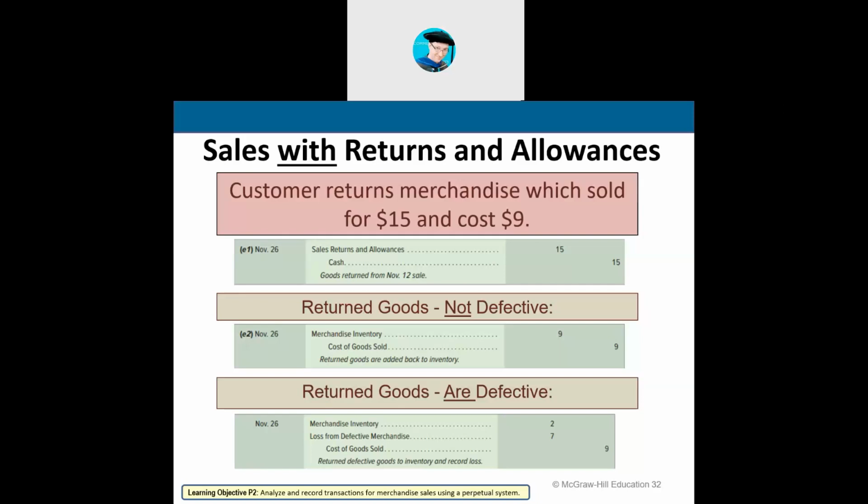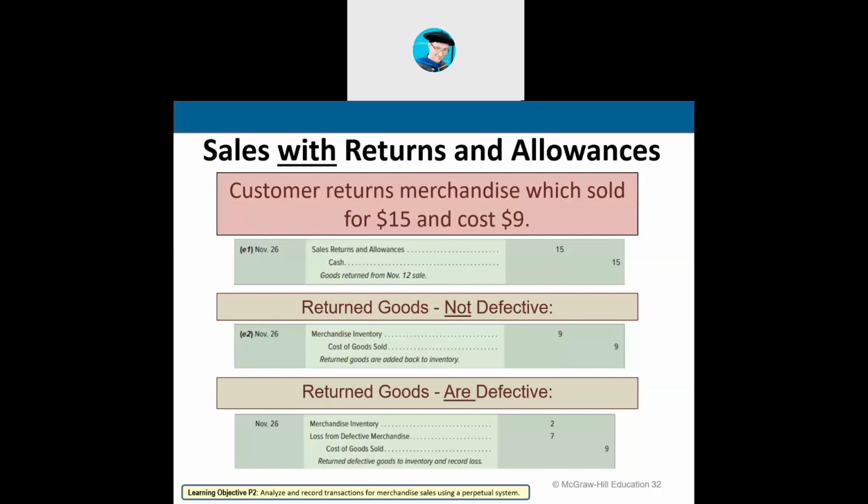Now, what if the merchandise is defective when it comes back? We salvage what's not defective by debiting merchandise inventory. What is defective, we debit this account called loss from defective merchandise.